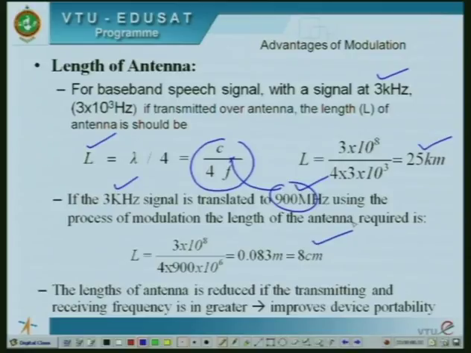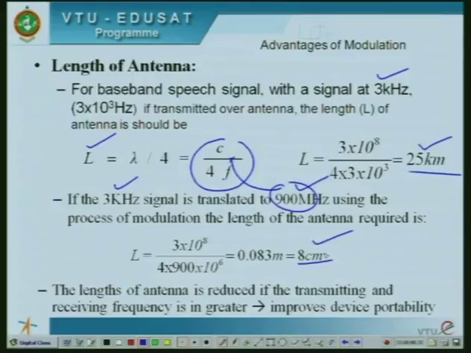If you have a low frequency signal like speech at 3 kilohertz, transmitting it directly requires a very large antenna. Instead, if I modulate that signal to 900 megahertz using a carrier, the length of the antenna is reduced to 8 centimeters.